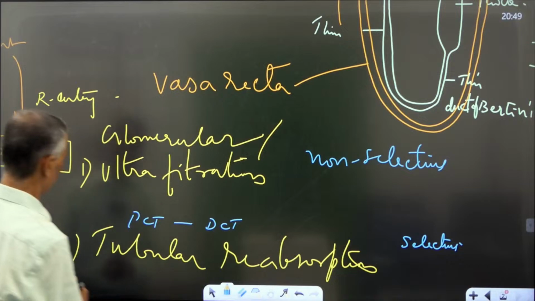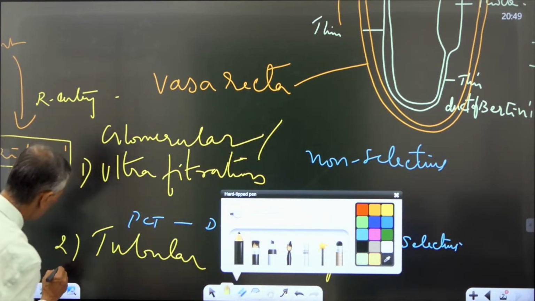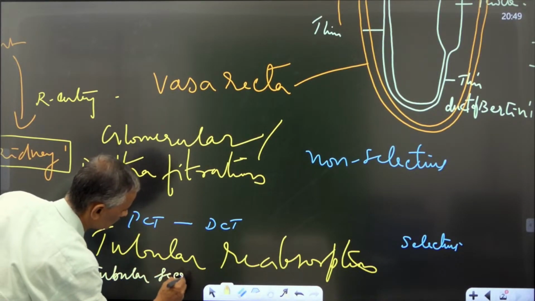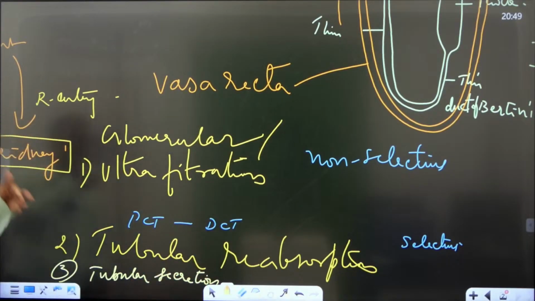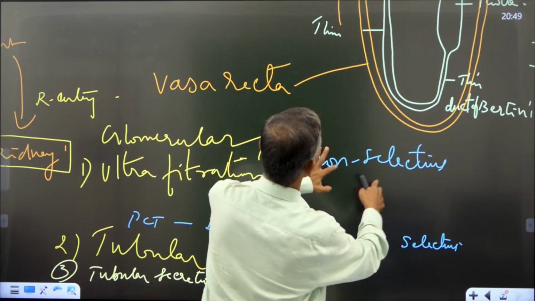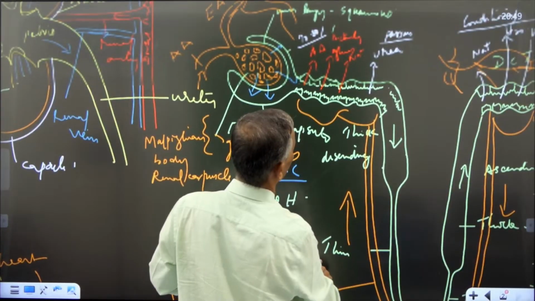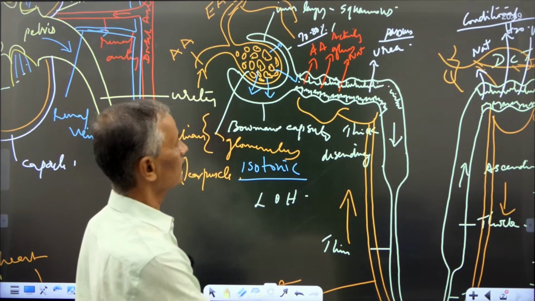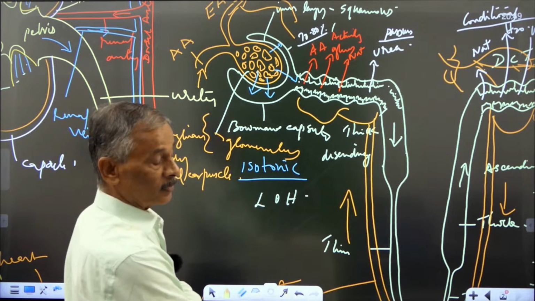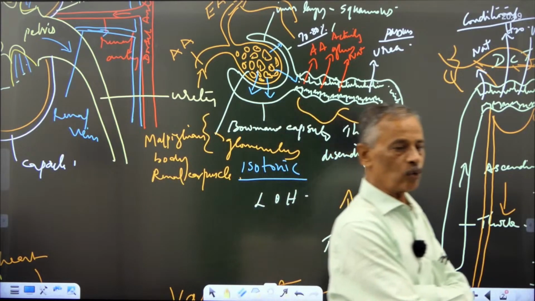And the third and last one is tubular secretion. What is tubular secretion? When urine is passing through PCT and DCT, the cuboidal epithelium, which is glandular, can also secrete from the surrounding blood.